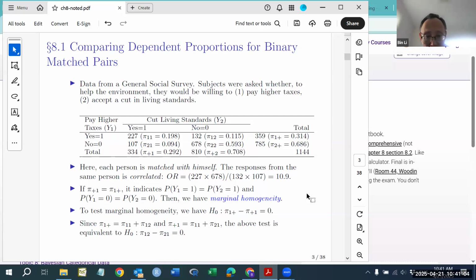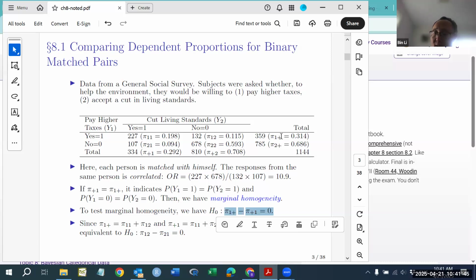So now, suppose we want to test whether the proportion of subjects that answer yes for question 1 is the same as the proportion of subjects that answer yes for question 2. So here in this table, the null hypothesis is pi 1+ minus pi +1 equals 0. We can write it in mathematical terms like that.